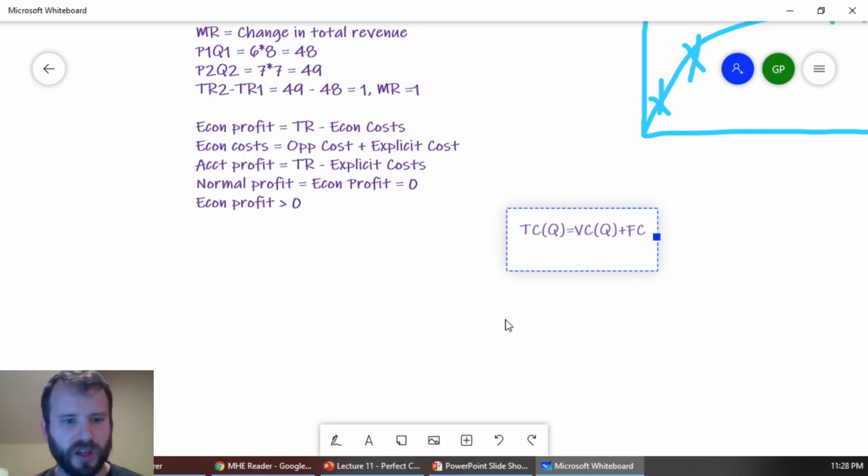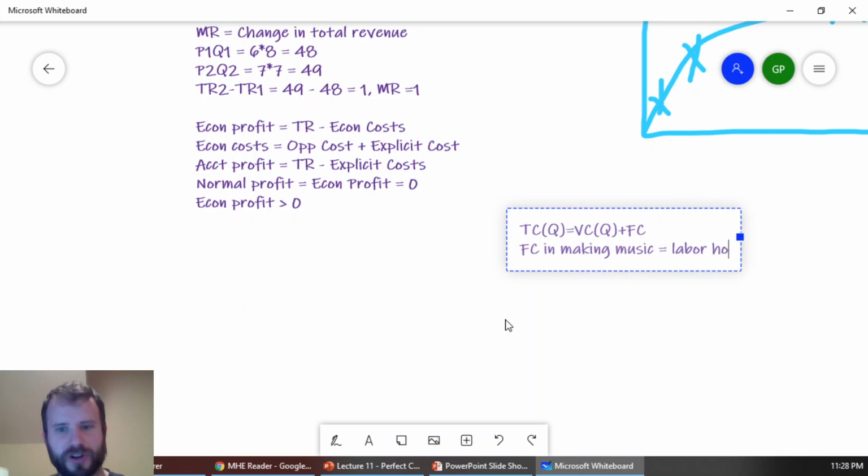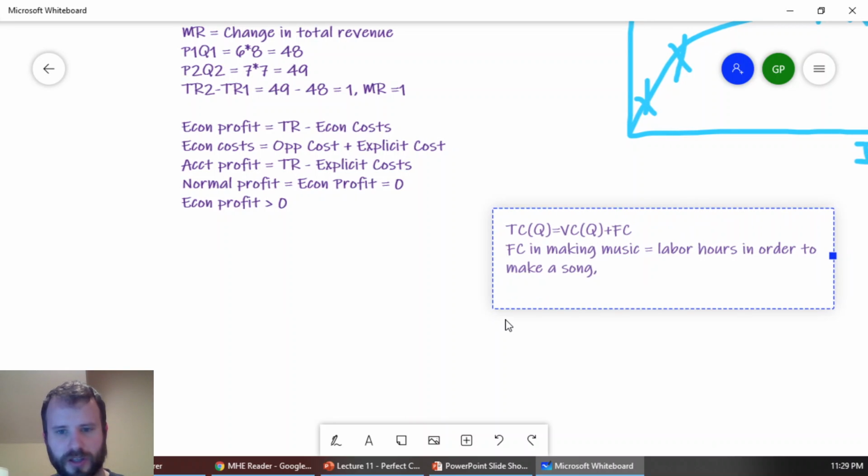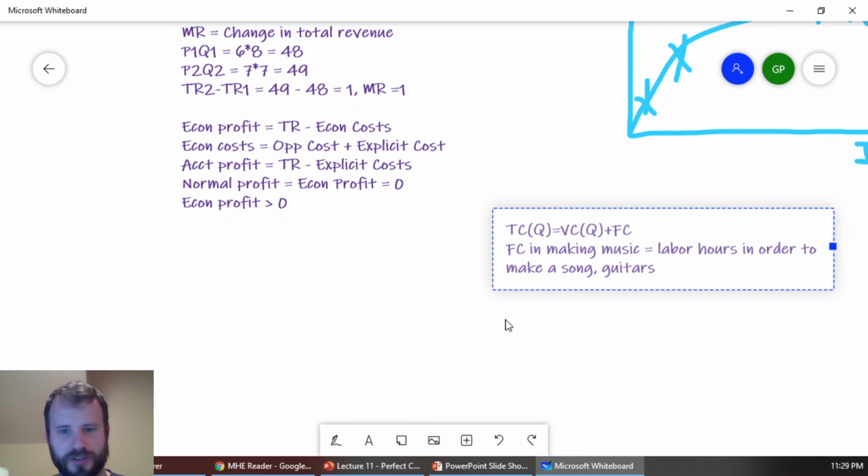So if you're producing music, your fixed cost will be the time it takes. Fixed cost in making music: labor hours in order to make a song, guitars, or I guess instruments, time spent finding a band.